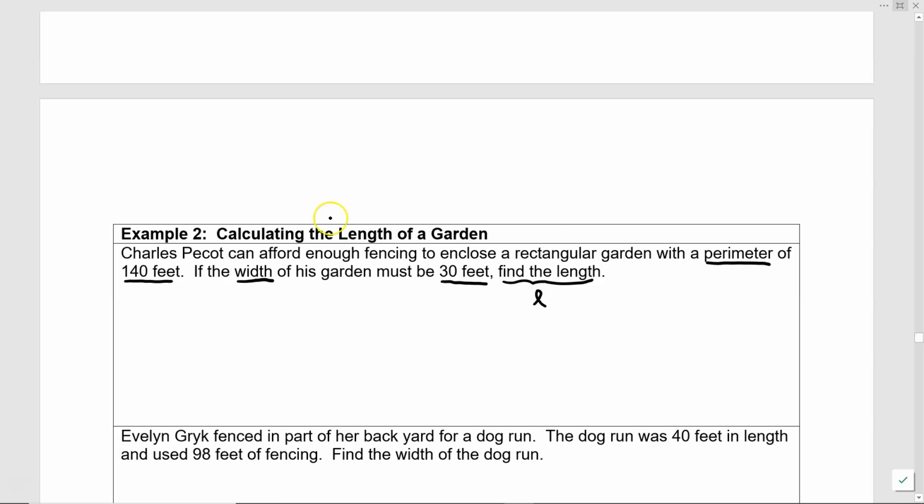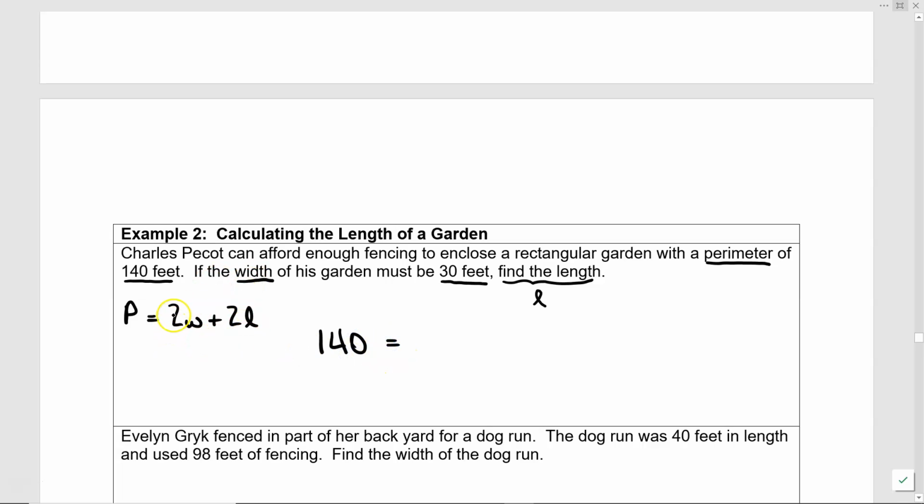and solve it. So now looking at the formula that I derived up there, we can see that P, the 140 feet, is on the left-hand side.